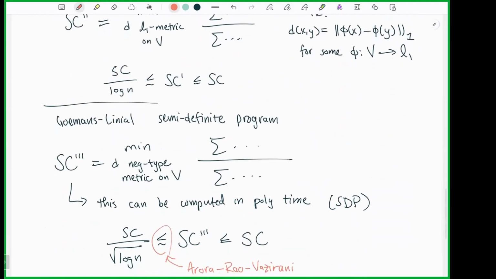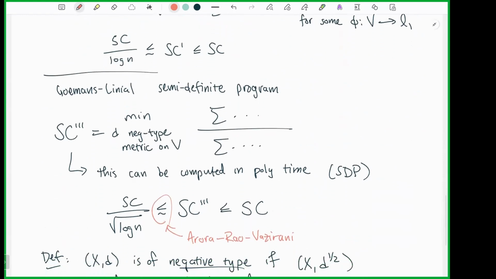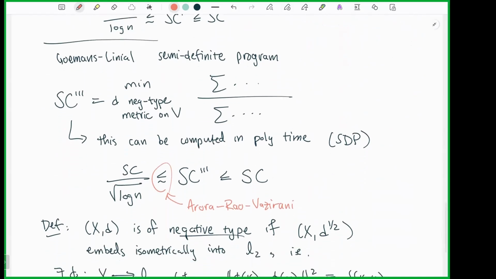There's a duality theorem that for the more general version, how well this semidefinite program approximates the more general Sparsest Cut is actually equivalent to the question of how well negative type metric spaces embed into L1. So that's one motivation for studying these things.